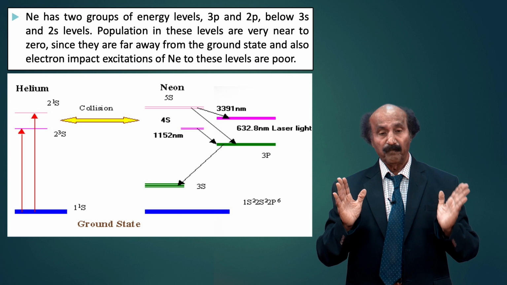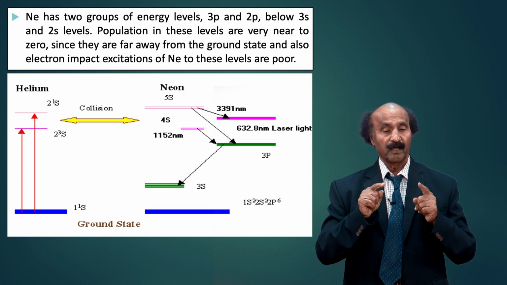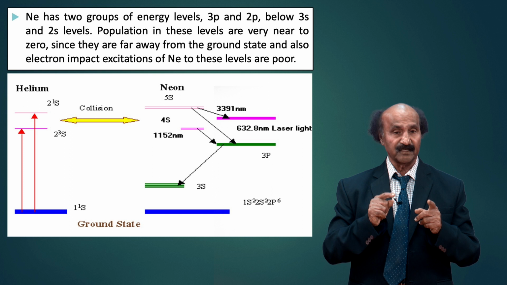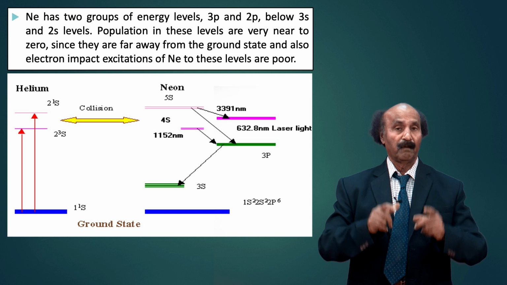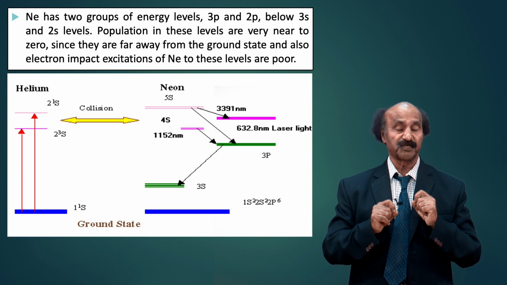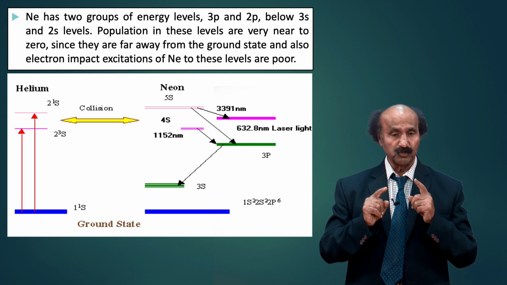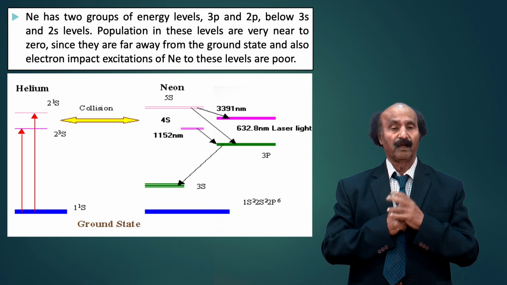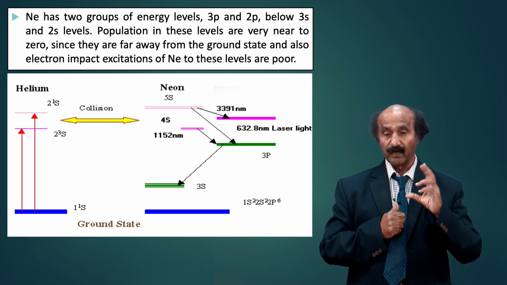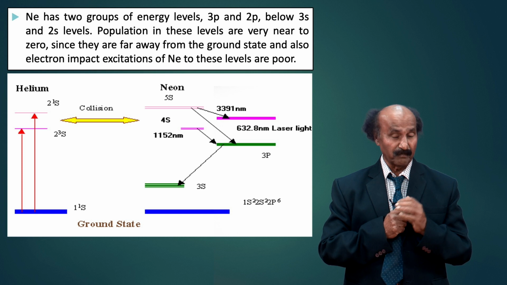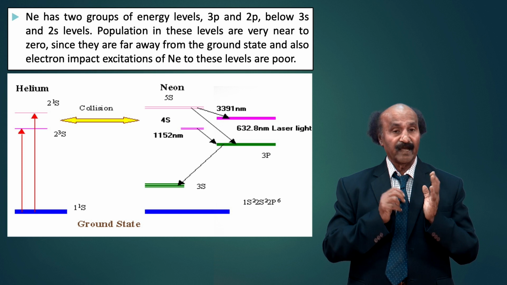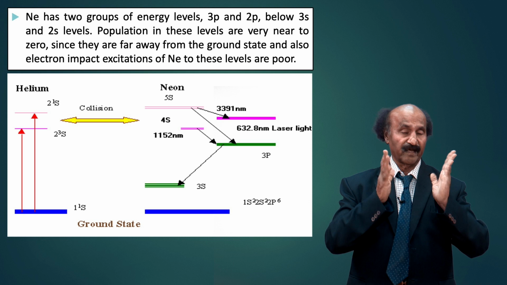Now, what is important for us is, if you excite helium by electrical discharge from 1s to 2s, there are two energy levels very closely separated. The helium atom will get excited there.